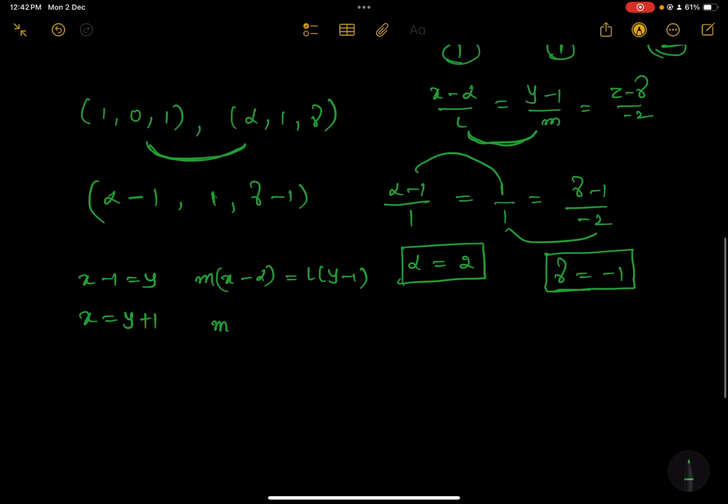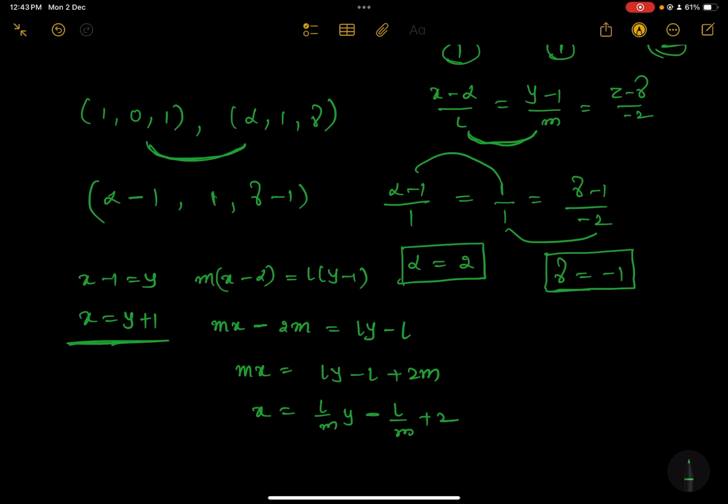So mx minus alpha m, with alpha as 2, gives 2m is equal to ly minus l. So mx is equal to ly minus l plus 2m. So x is equal to (l by m)y minus l by m plus 2.